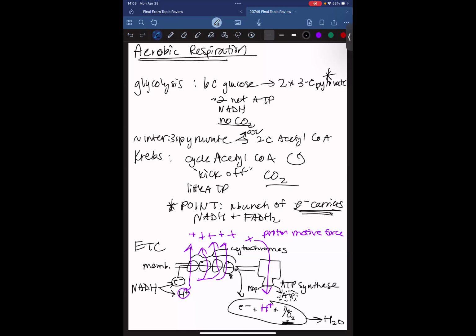If oxygen isn't available, fermentation stays in glycolysis. They don't go on to Krebs or electron transport chain. And so the only way they're making ATP is in glycolysis. Only 2 net ATP. So if you go through aerobic respiration, the net ATP will be 38 for each glucose molecule.